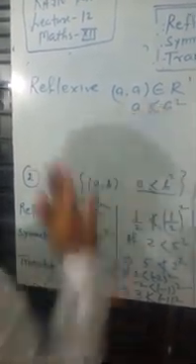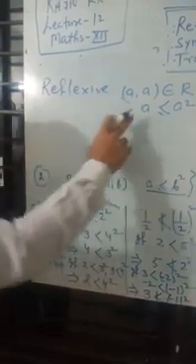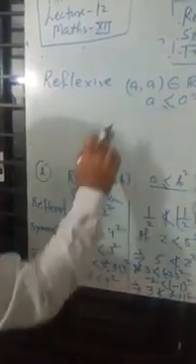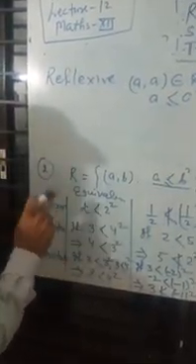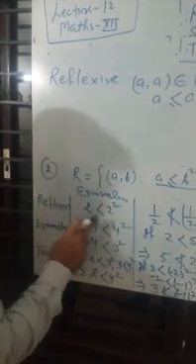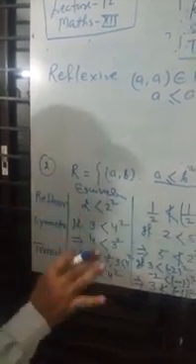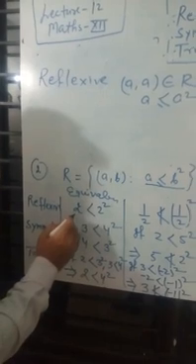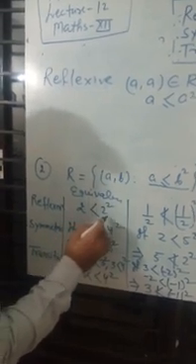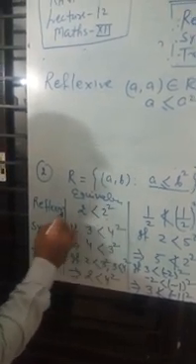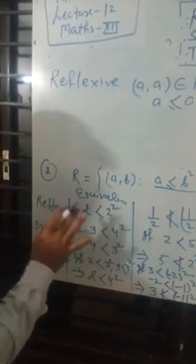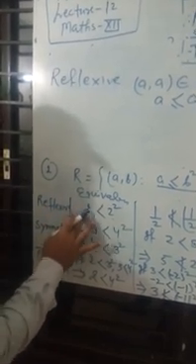If you take the elements 2, 2, meaning identical element a, 2 is less than 2 square. That means it follows the rule of reflexive.